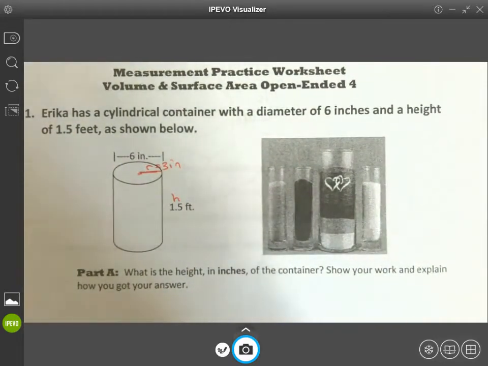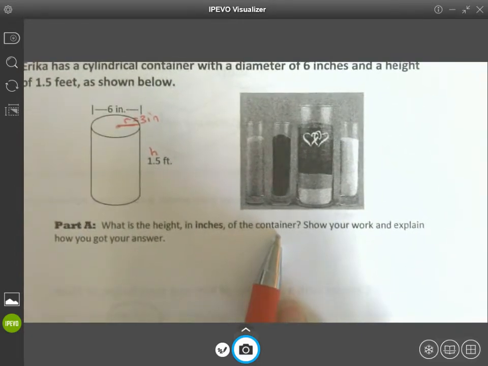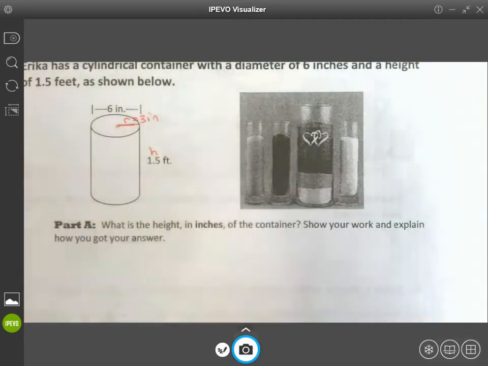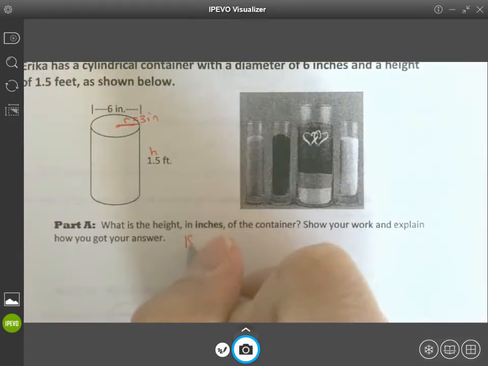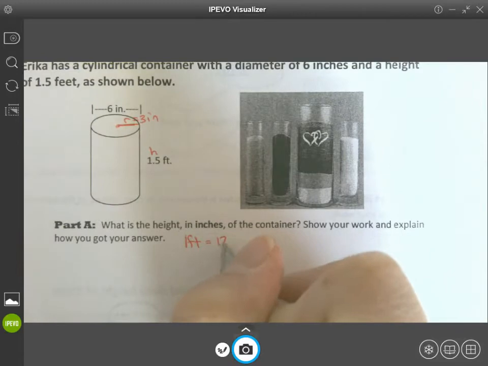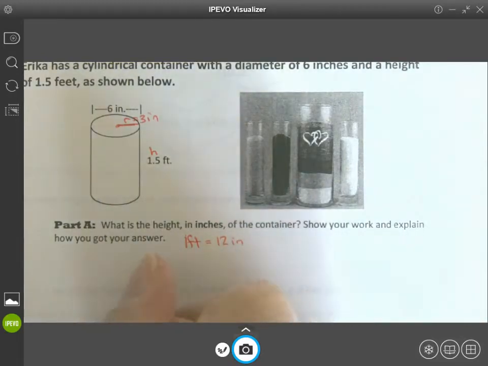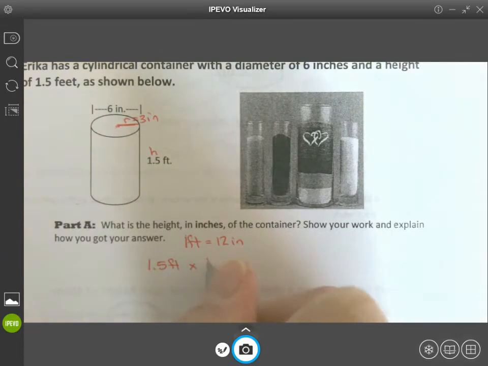Okay, so what is the height in inches of the container? So it's going to step us through it. The first thing is, what is the height? Well, how many inches are in a foot? 12 inches. So 1 foot equals 12 inches. So I'm going to take my 1.5 feet and multiply that by 12 inches in 1 foot.